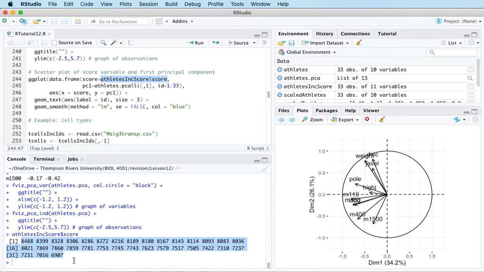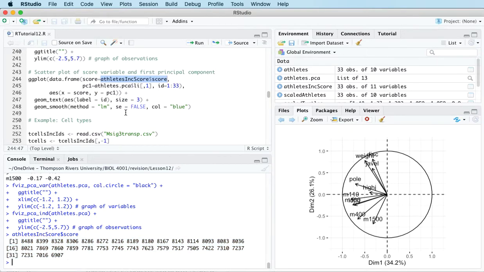I can't remember offhand which one it was, but it does say in the accompanying online notes for this example. Anyway, this is information that has not been used in the principal components analysis, but it is information that's available to us. So it will be interesting to see whether the principal component analysis has any kind of relationship to how well the athletes did in this particular Olympic Games.